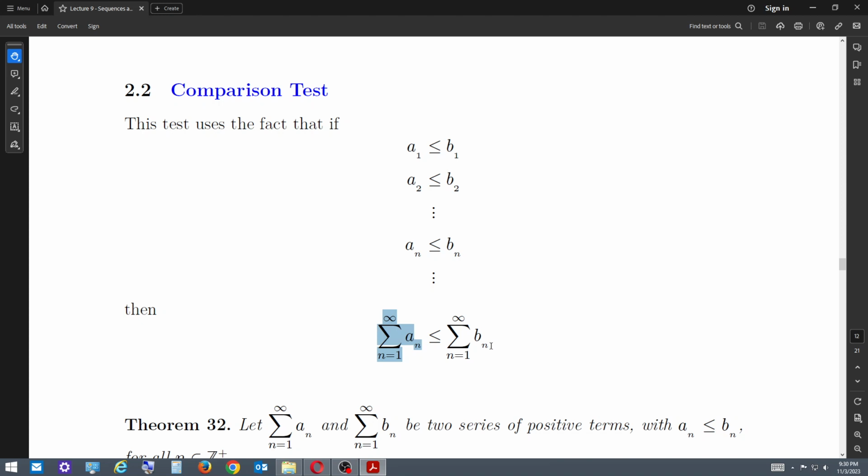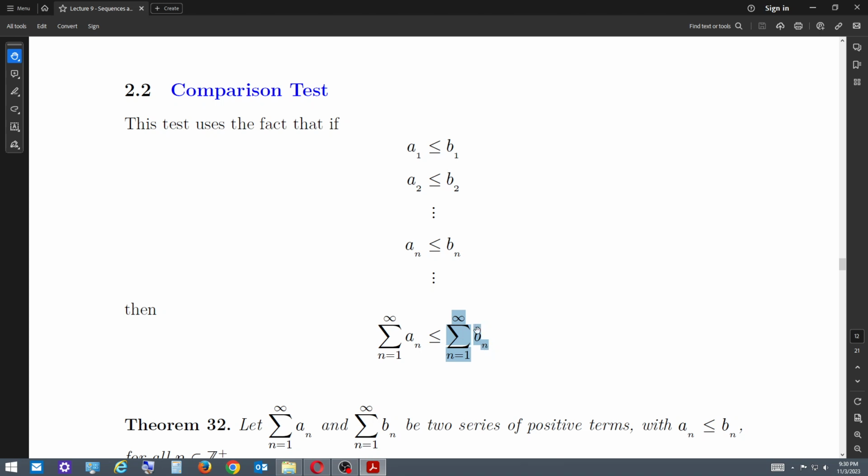Now, what happens if the sum of b_n converges, is what I meant to say. If the sum of b_n converges, remember, the sum of a_n is always less than or equal to this.